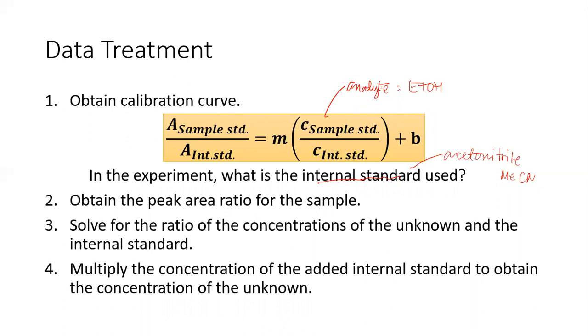Then, to obtain the calibration curve, you just multiply the concentration of your added internal standard for you to obtain the concentration of your analyte in the unknown sample solution.